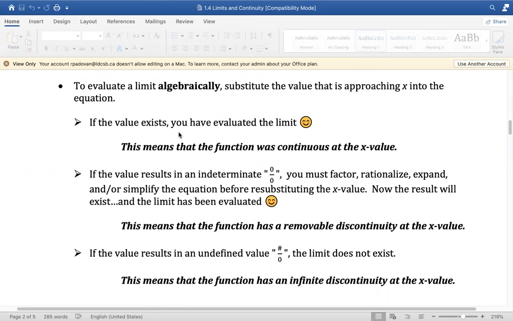If the value exists, so I get a numerical value, whatever answer, 4, -6, 1000, then I have evaluated the limit and the limit exists. So there can be continuous parts of a discontinuous function, right?